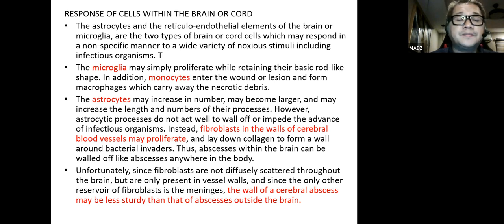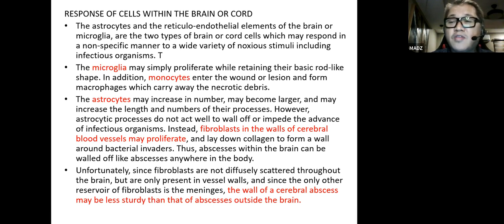The astrocytes, in response to this injury, may increase in number, may become larger, and may increase in length and number of their processes, as I described in the previous lecture. However, the astrocytic processes do not act well to wall off or impede the advance of the infectious organism.